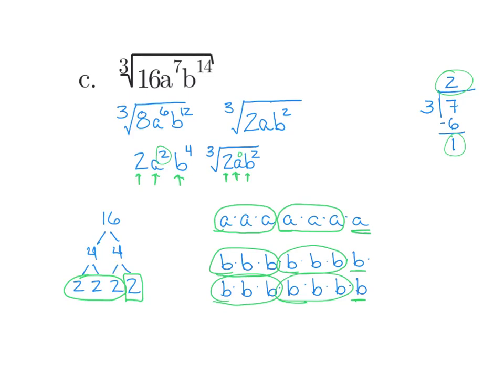Same thing with 14. If we divide 14 by 3, 3 goes into 14 4 times, gives me 12. Subtract, we get a remainder of 2. So what does this result in? 4 is my outside exponent, and 2 is my inside exponent. So those are some different ways that you can go ahead and solve these problems.